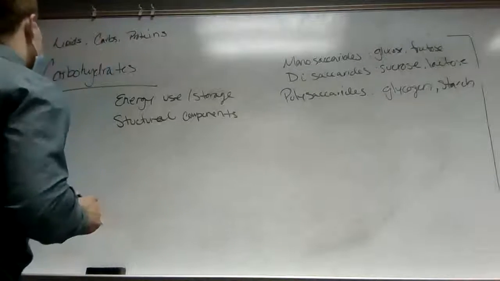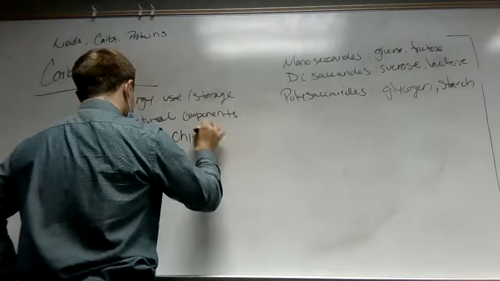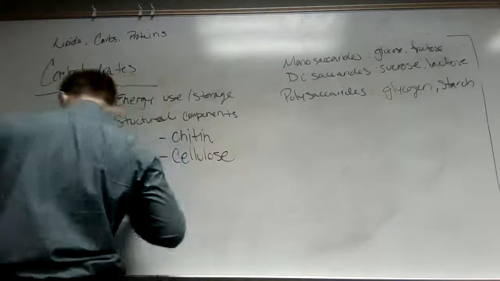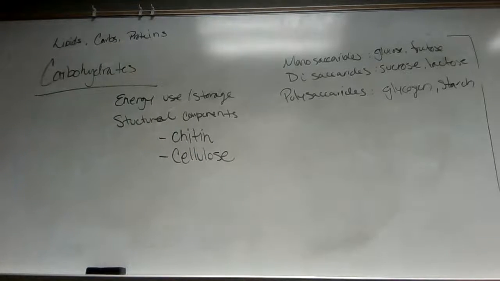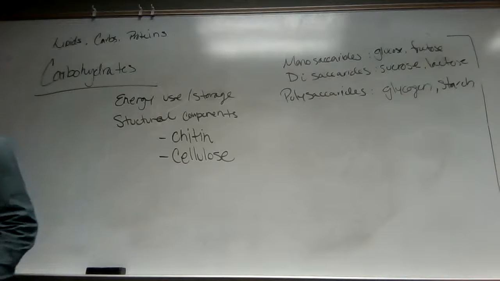And some examples of your structural are chitin and cellulose. Chitin is more prominent in something like bacterial cell walls, whereas cellulose is in plant cell walls and produces the rigidity of the cell walls of plants.